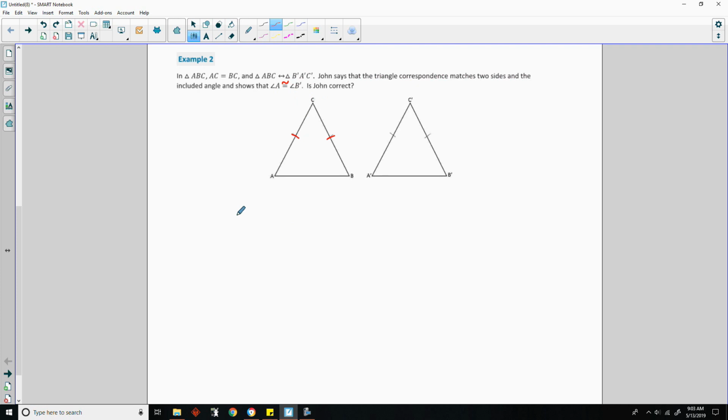All right, so anyhow, we are told that AC equals BC. This side equals this side, so I've marked that. The correspondence of triangle ABC to triangle B prime, A prime, C prime tells us that BC corresponds to A prime, C prime.